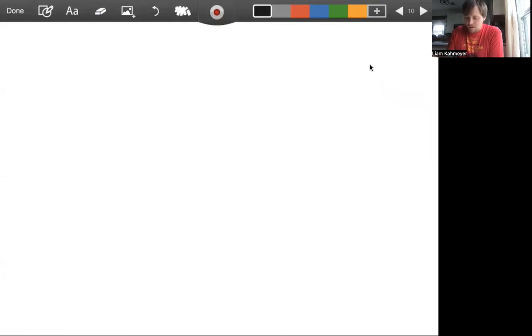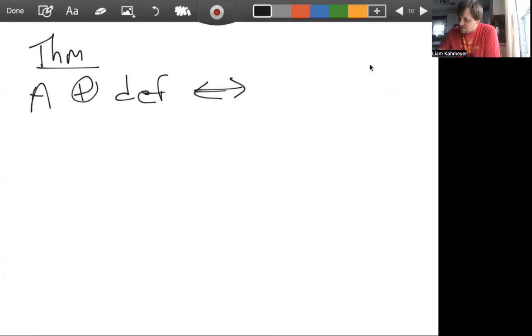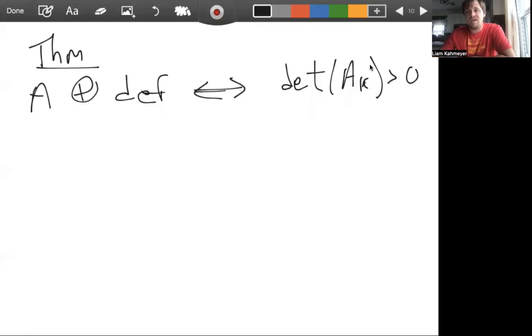All right, the last thing I want to do is state a theorem and a corollary relating submatrices to definite matrices. A is positive definite if and only if the determinant of every submatrix is positive. So positive definite matrices are those such that every submatrix has a positive determinant. And again, this is for all K from 1 to n.